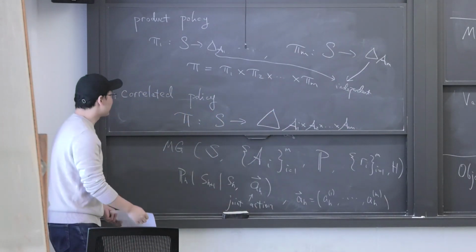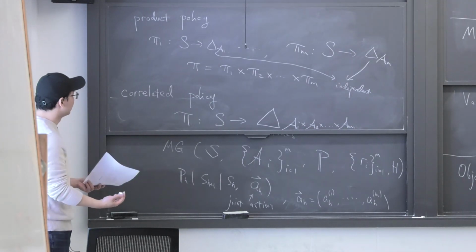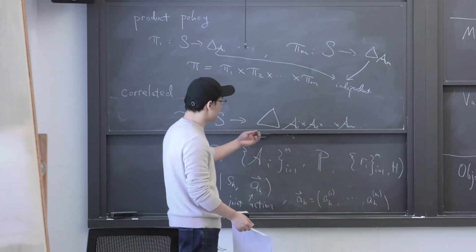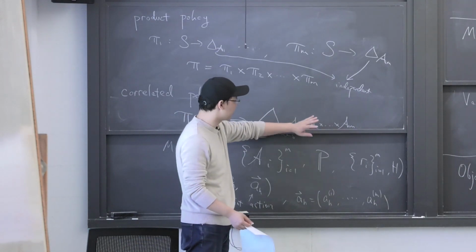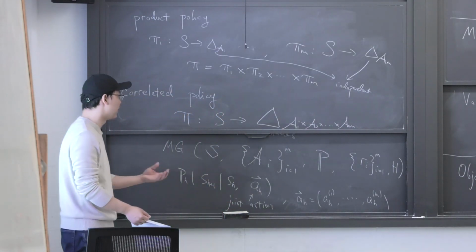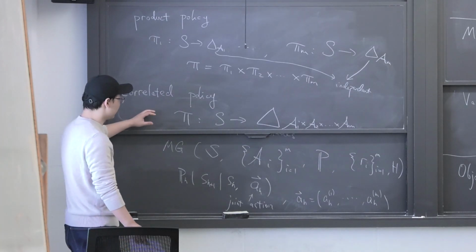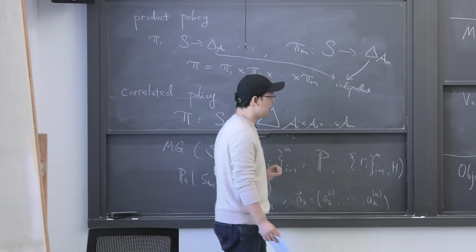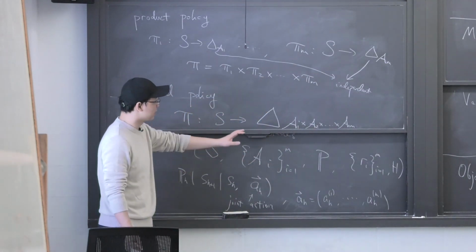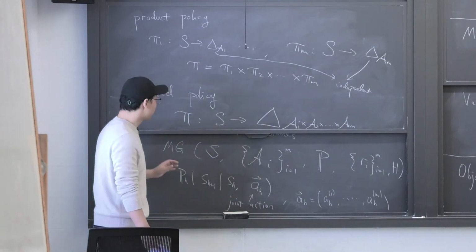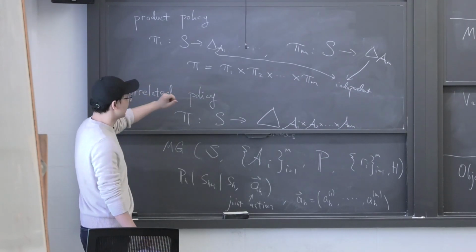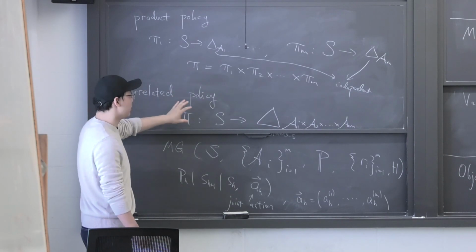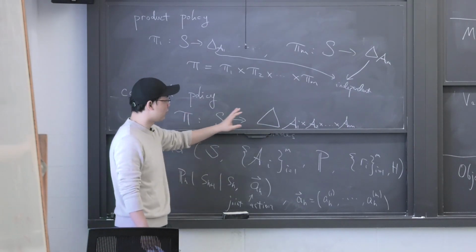It can have a very complex distribution. For example, if all the action sets have two actions, 0 or 1, this correlated policy can deploy a policy that with 1/2 probability I choose action 1, 1, 1, 1, and with 1/2 probability I choose action 0, 0, 0, 0. This is a correlated policy. In the product policy, you can never do that, because each player needs to choose a Bernoulli, so you won't be able to have 1/2, 1/2 as all 1 or all 0.